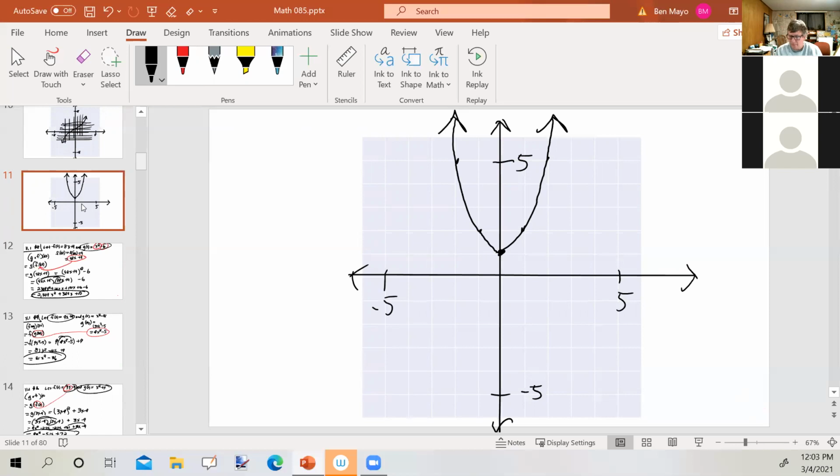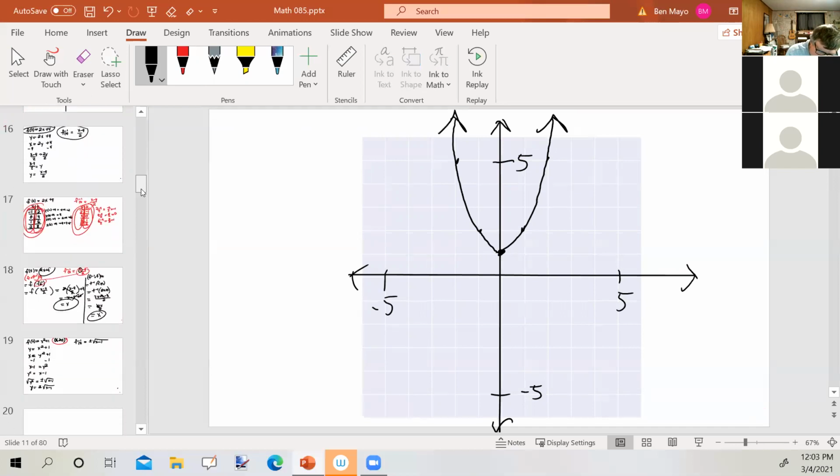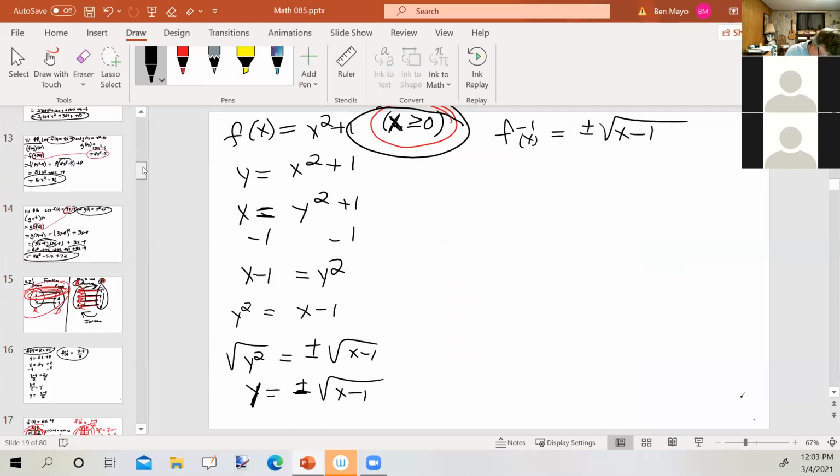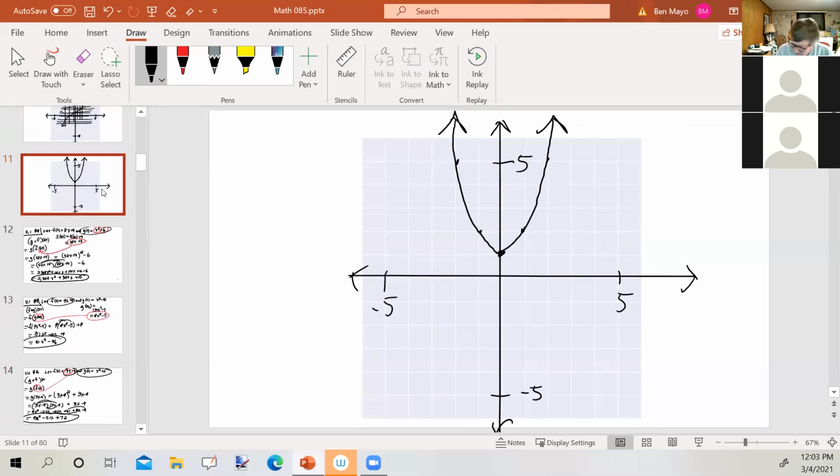Okay, let me ask you this. Is that a one-to-one function? It's not a one-to-one function, is it? But what if we apply that restriction that says x is greater than or equal to 0? Then that means we get rid of this piece. You see that?